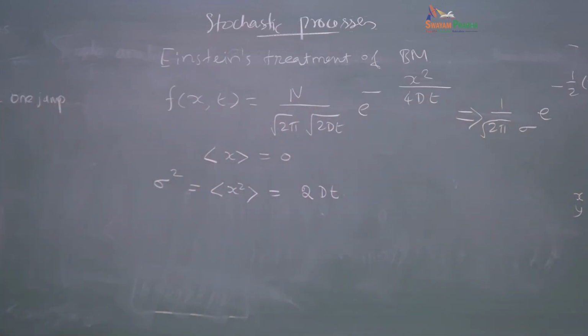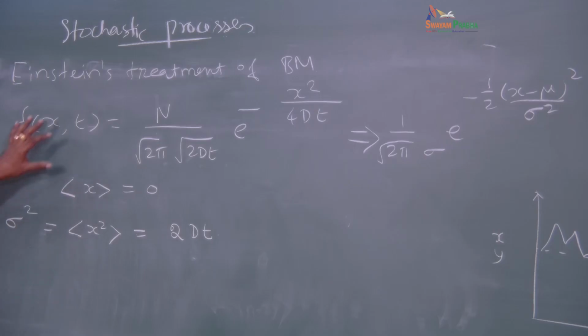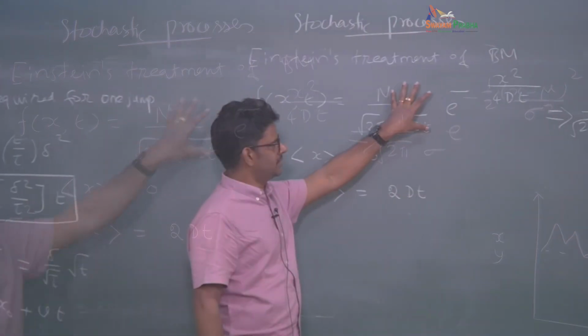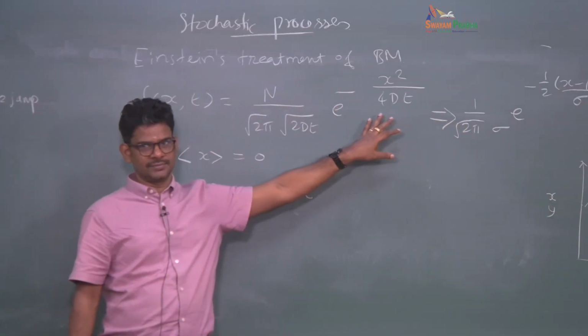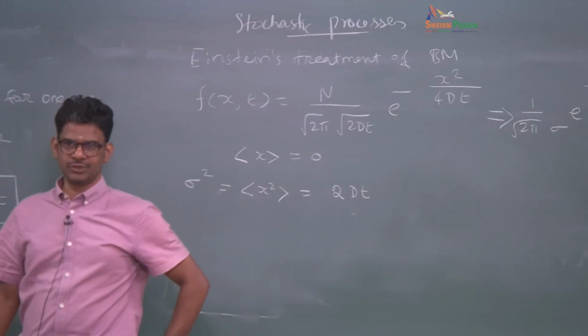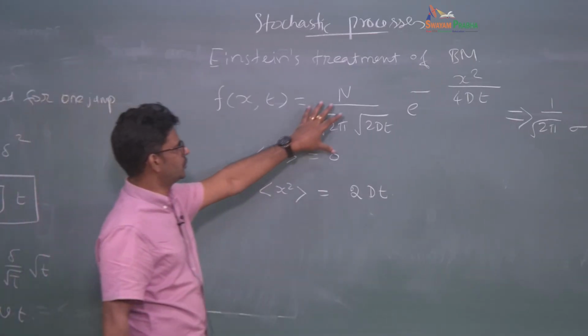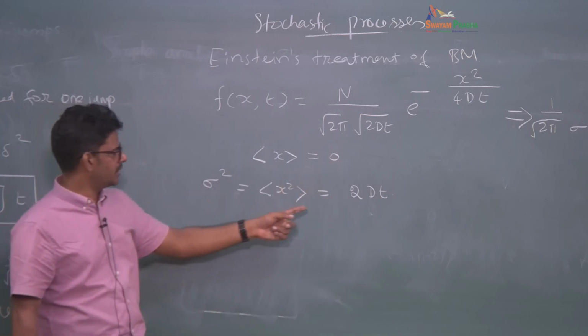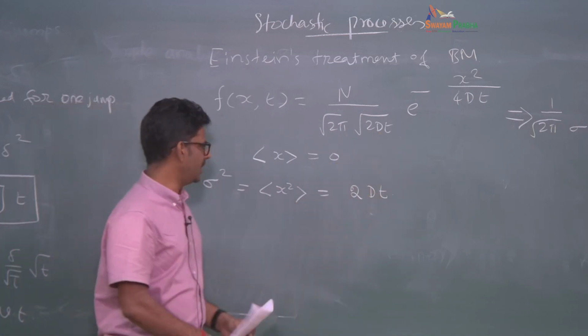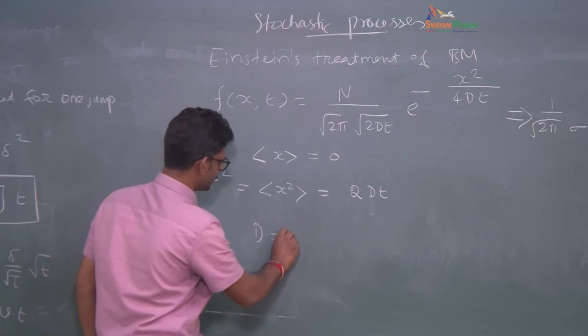So what Einstein derived was the probability of finding a particle at a position x and time t, and he showed that this is basically a normal random variable, or a Gaussian distribution, and this Gaussian distribution has a mean of 0 and a variance, or the mean square, of 2Dt, where D here is the diffusion coefficient.